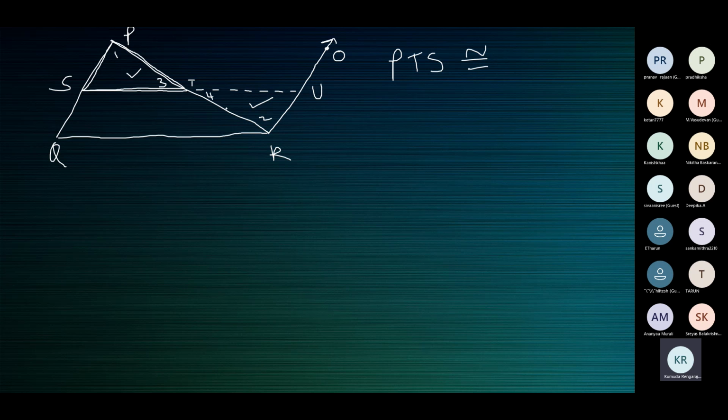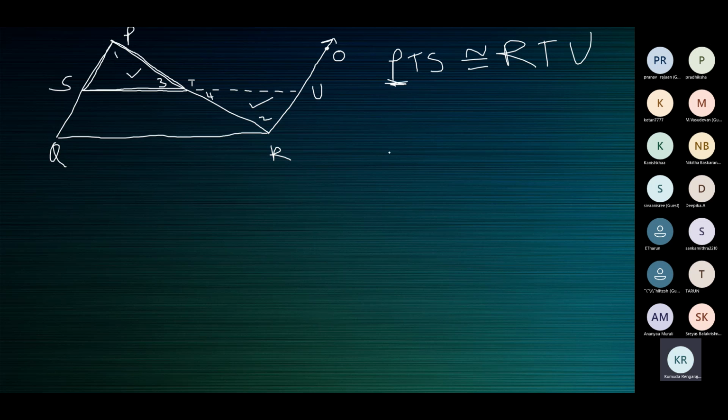Angle P is equal to angle R, so you should say R. And for T, the triangle is RTU.